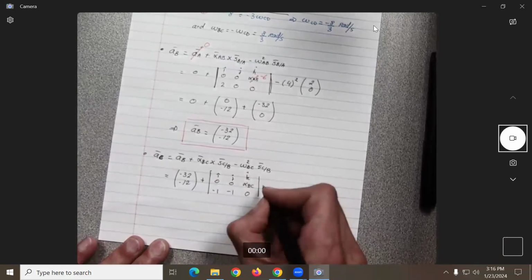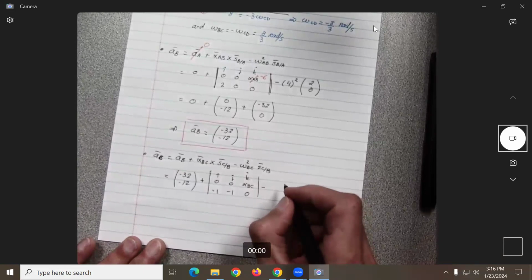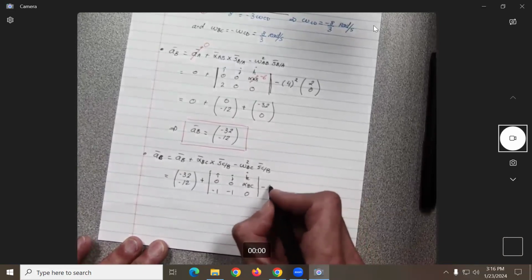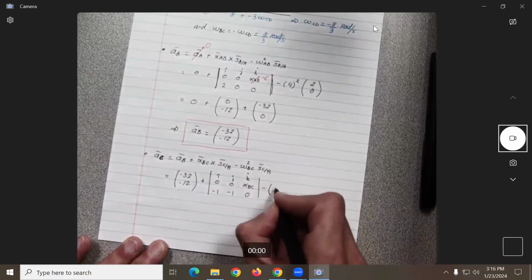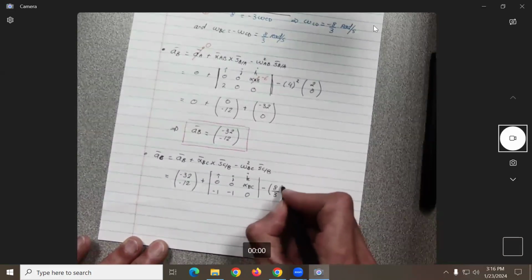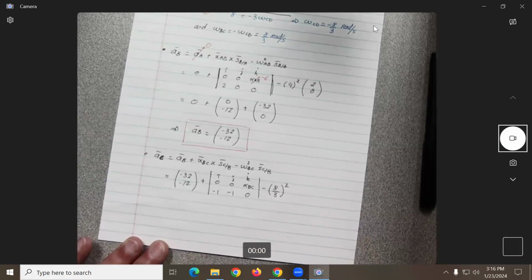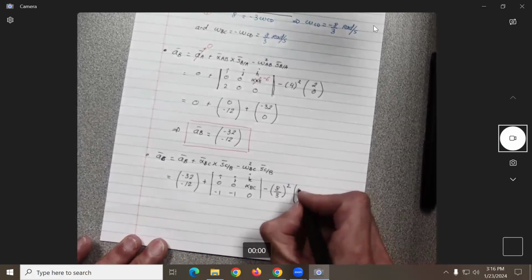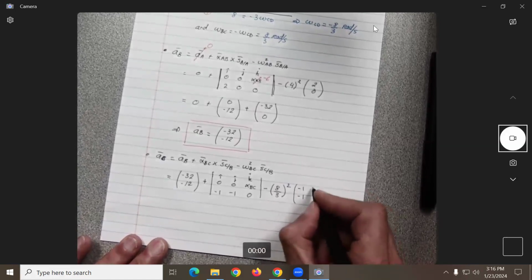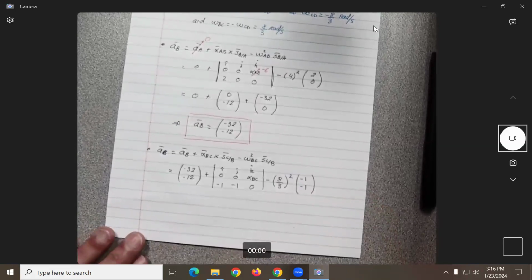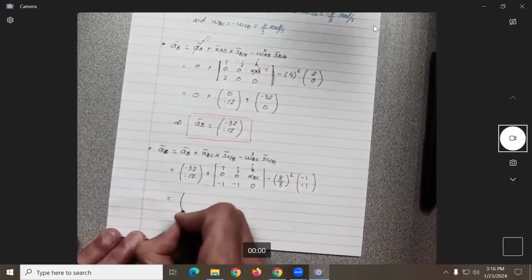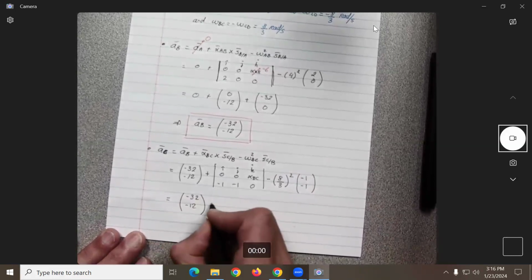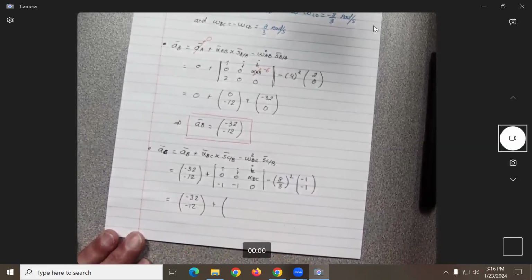You already did this. Minus omega BC. So here we go. It's going to become complicated with the math, but I think I have the result. So this should be what over here? 8/3 squared times what? I mean, this is not going to be that complicated. -1, -1. So this is going to give -32, -12. What are we going to get on this one? This time I'll wait for you. I don't want to do it too fast.